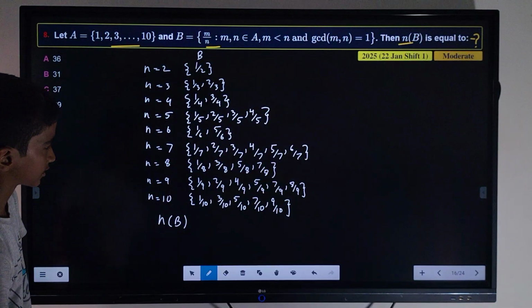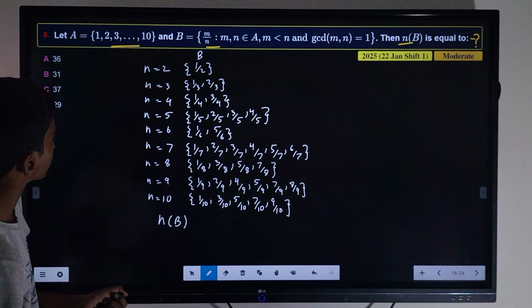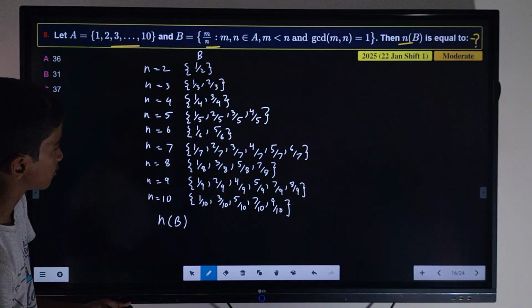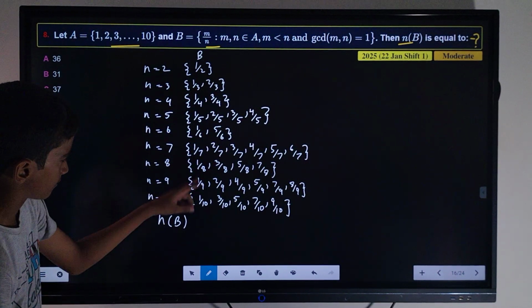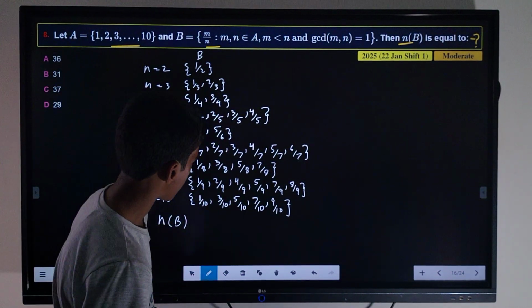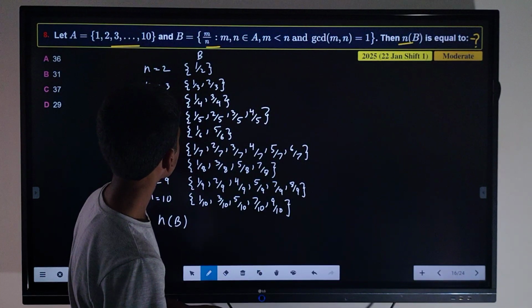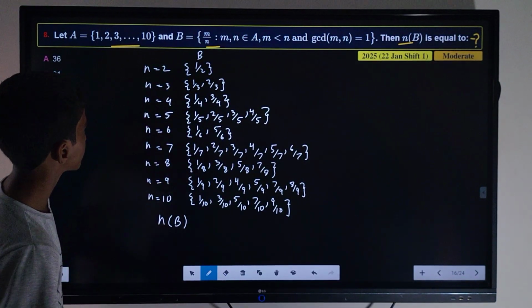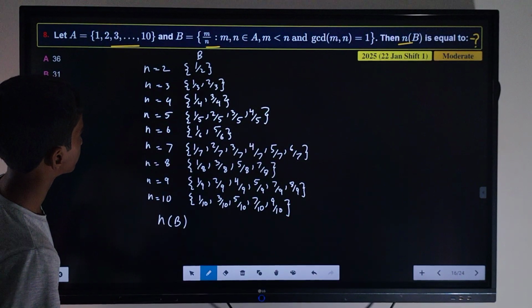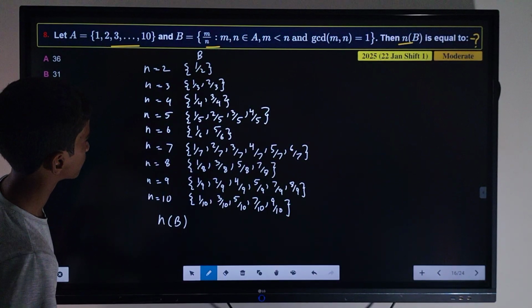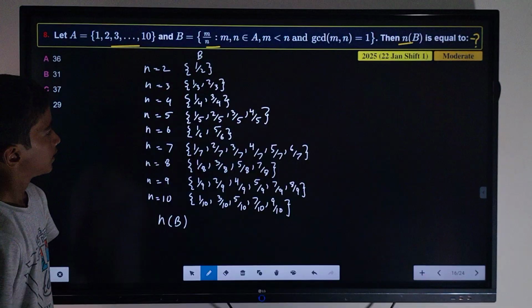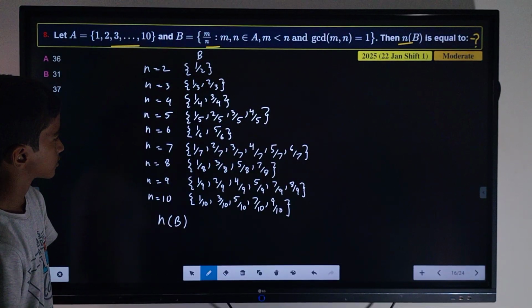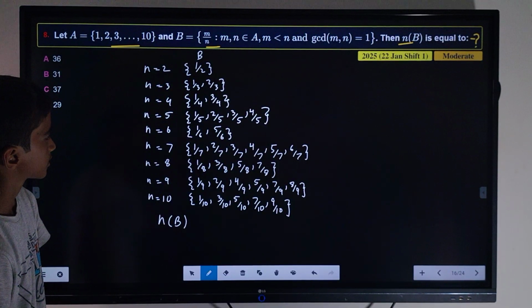We have made a mistake somewhere for which we are getting 2 extra elements. So 1 upon 8, 1 upon 9, 1 upon 3, 2 upon 3, 1 upon 2, 1 upon 4, 3 upon 4, 1 upon 6.